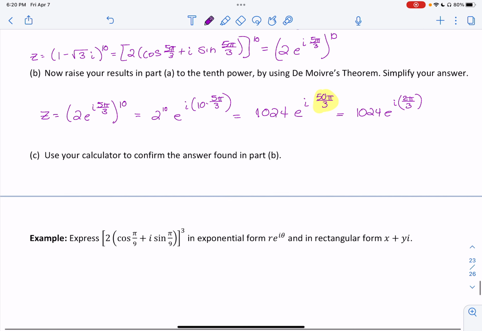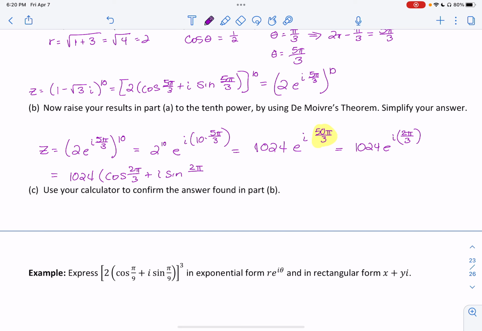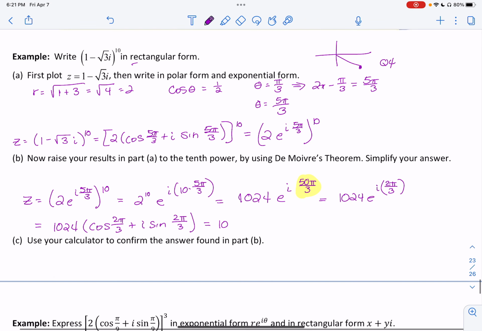Let's take this back into our other form. That means that we have 1024 times cosine of 2 pi over 3 plus i sine of 2 pi over 3. I can take this back even further, back to rectangular form, which is what I wanted up here.